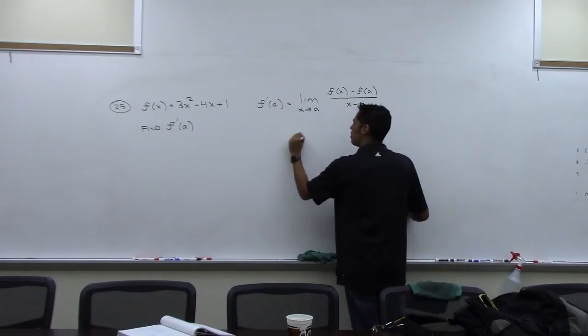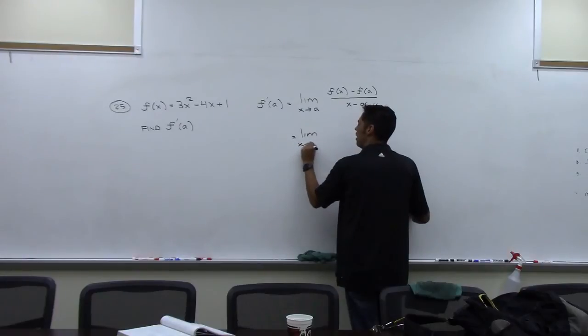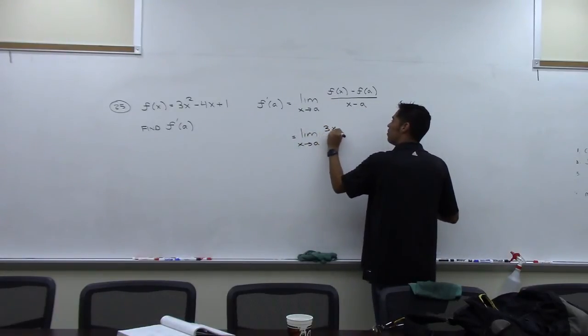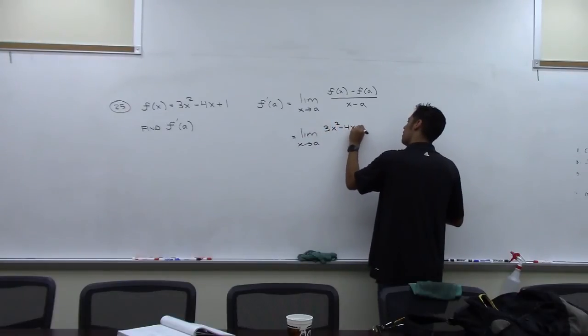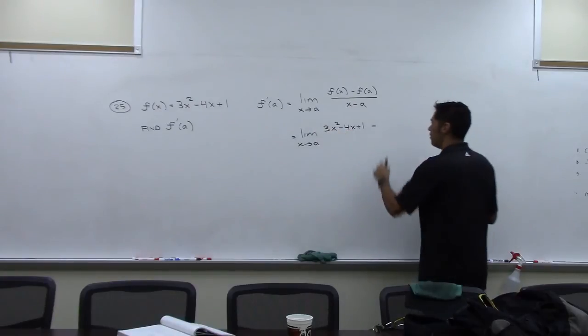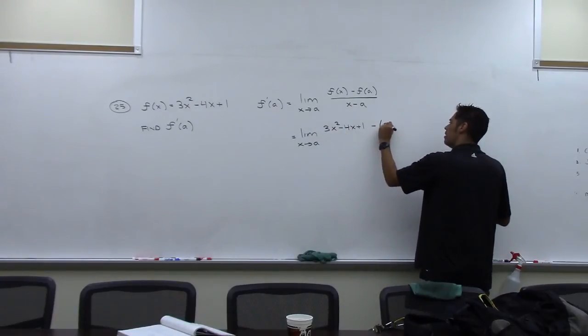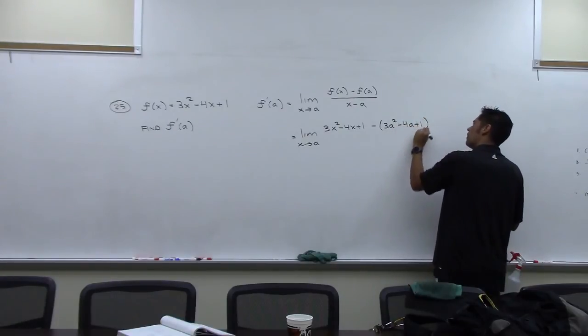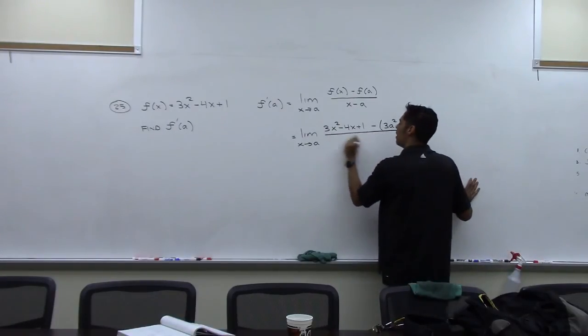So this equals limit as x approaches a of f of x, which is that function with x plugged in, which is just itself, minus, now be careful, f of a is that function with a plugged in, but we're subtracting it. So subtract 3a squared minus 4a plus 1, and all of that over x minus a.